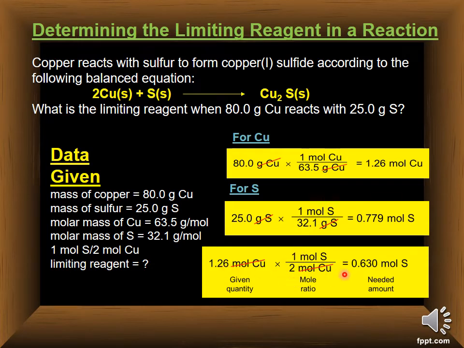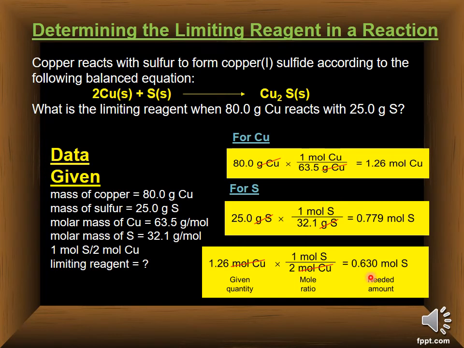After calculation, the value will be 0.630. What is it? Which unit? Moles of sulfur. So it means if you want to consume the whole amount of copper, which is 1.26 moles of copper, you need 0.630 moles of sulfur. So how many moles of sulfur needed?